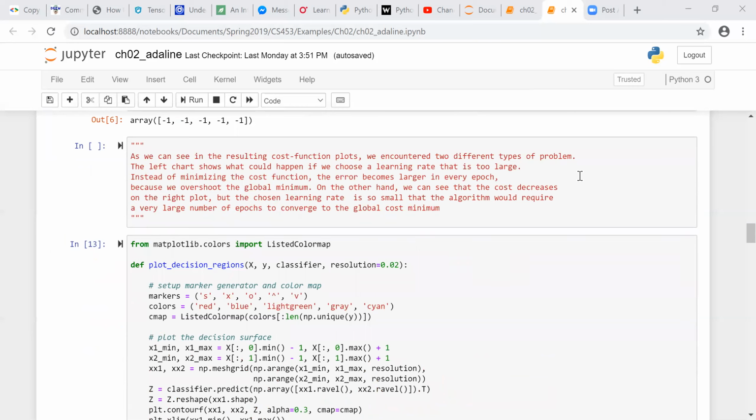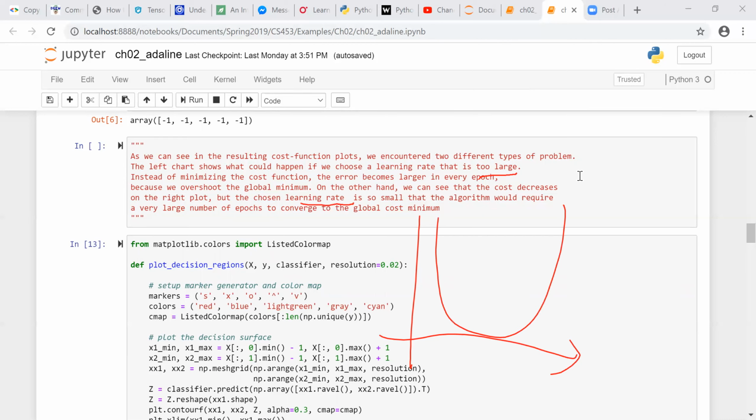Okay, so over here, if you read the notes, if the learning rate is too big, too large, then it will sway like this.